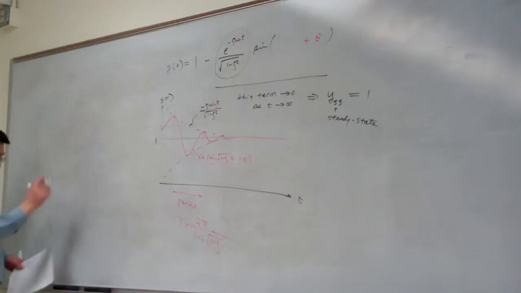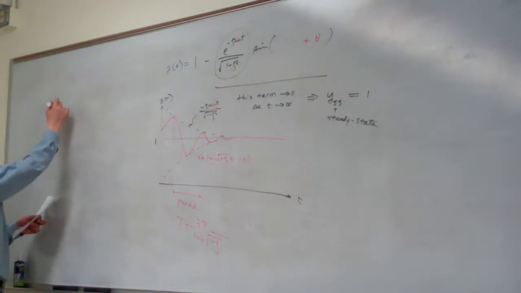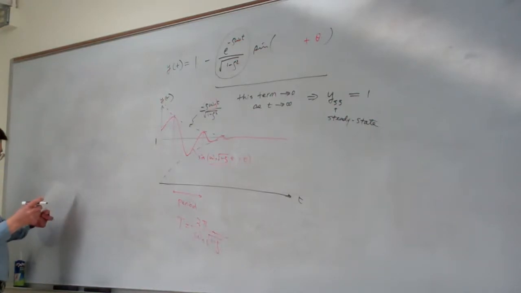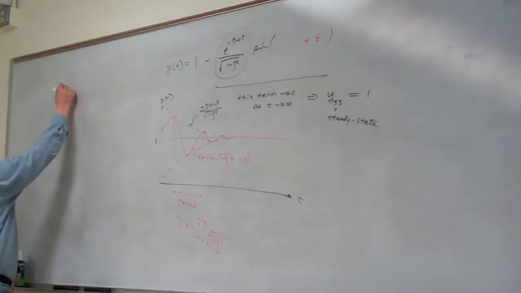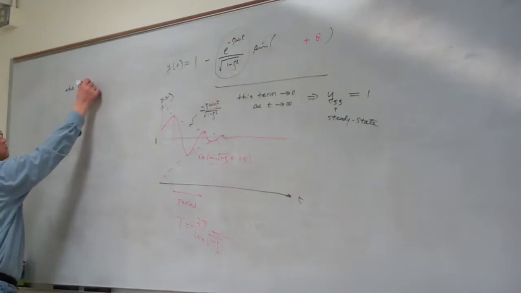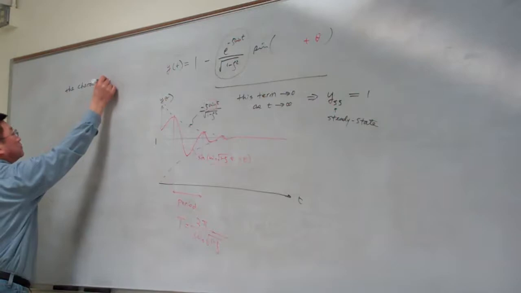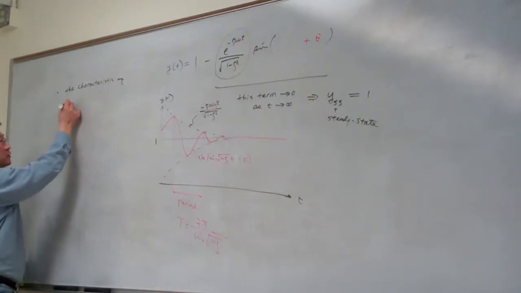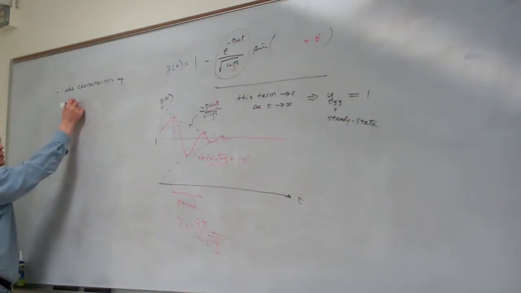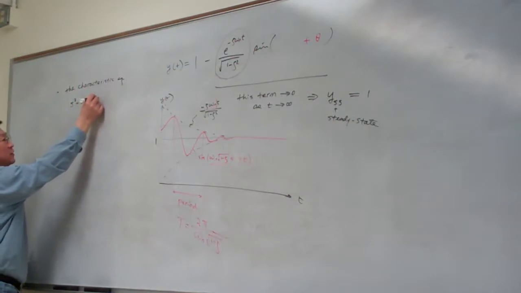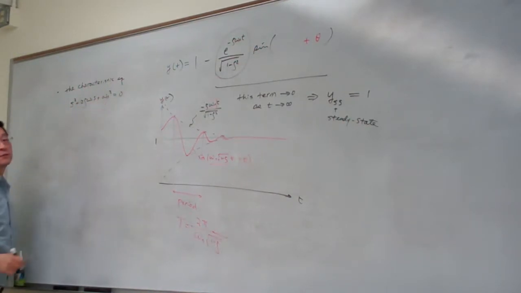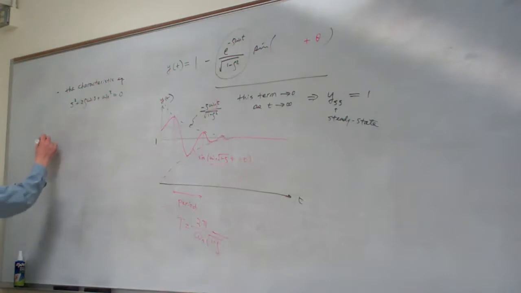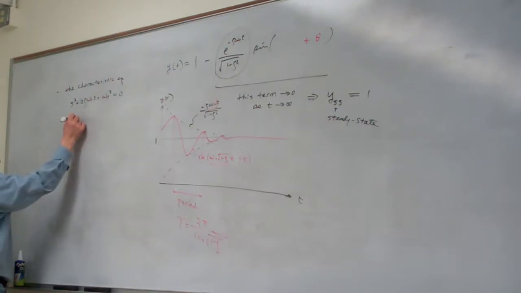The characteristic equation, by definition, is s squared plus 2 zeta omega n s plus omega n squared equal to 0. And this is by definition, but precisely, what exactly is it?